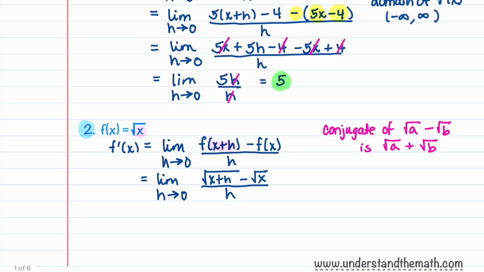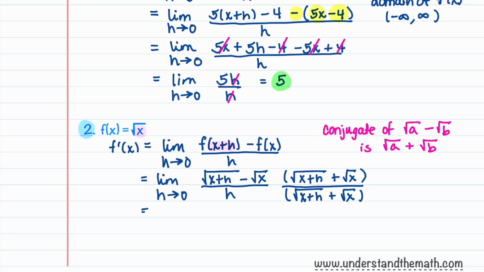And now we're going to multiply by the conjugate. The conjugate is the square root of x plus h plus the square root of x. And we're also going to divide by that. And the reason that we have to do that is we can't change the limit. So we can only multiply by 1, which is what we just did.